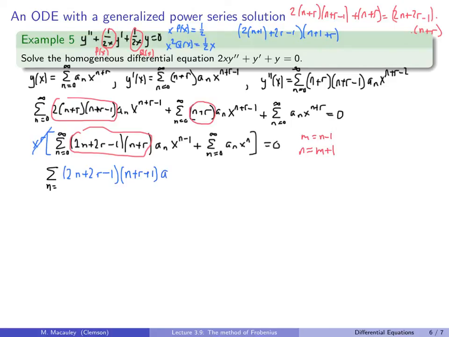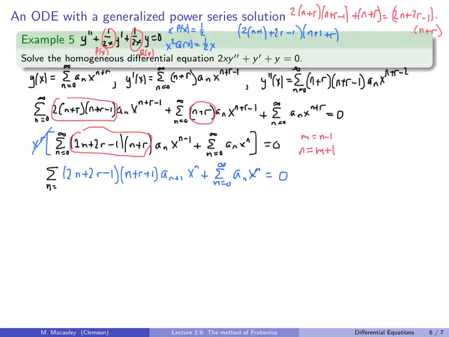This is a_(n plus 1) x to the n. Again, we're shifting everything up by 1. And now this next term is plus the sum from n equals 0 to infinity of a_n x to the n equals 0.